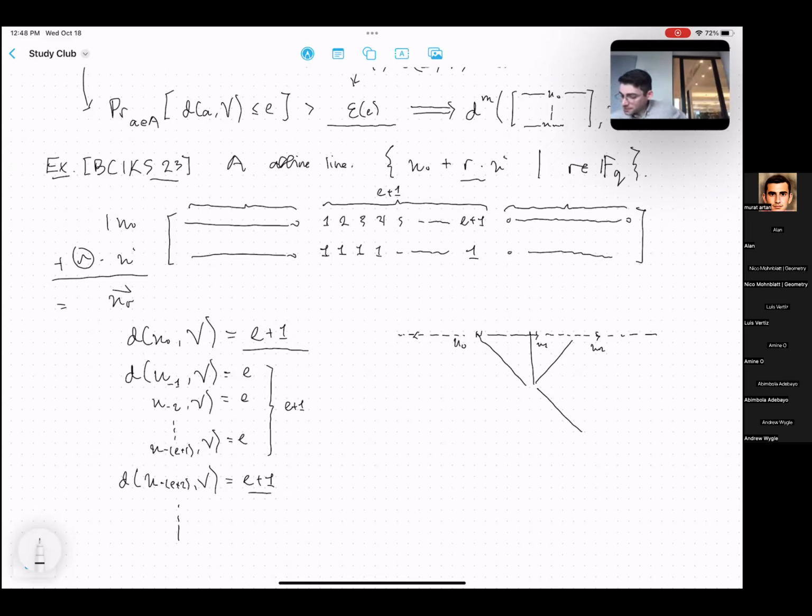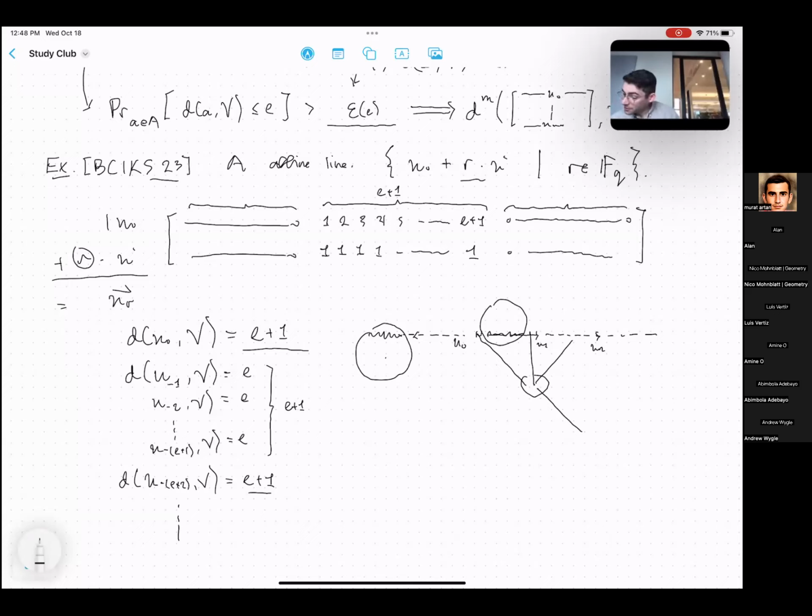So this is a similar picture to before. We're going to draw the balls of radius E. What we showed is the proportion of this affine line, right? So now the shaded region looks like this or something. Some balls will intersect it. And really, actually, there's only one ball, the one around 0, but let's just forget about that.